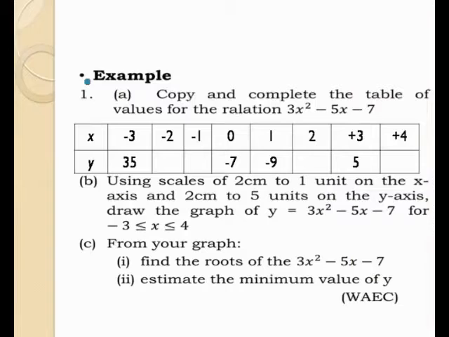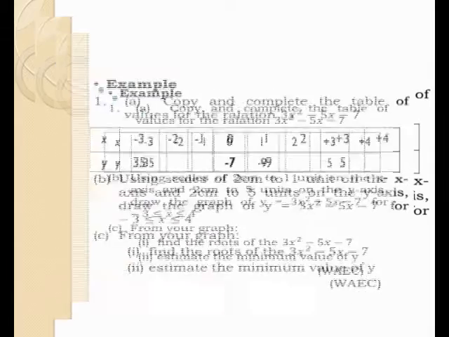Now the question went further and said that we should plot the graph using the scale of 2 cm to 1 cm on the x-axis and 2 cm to 5 units on the y-axis. Draw the graph of y is equal to 3x squared minus 5x minus 7 for minus 3 is less than or equal to x and x is less than or equal to 4.